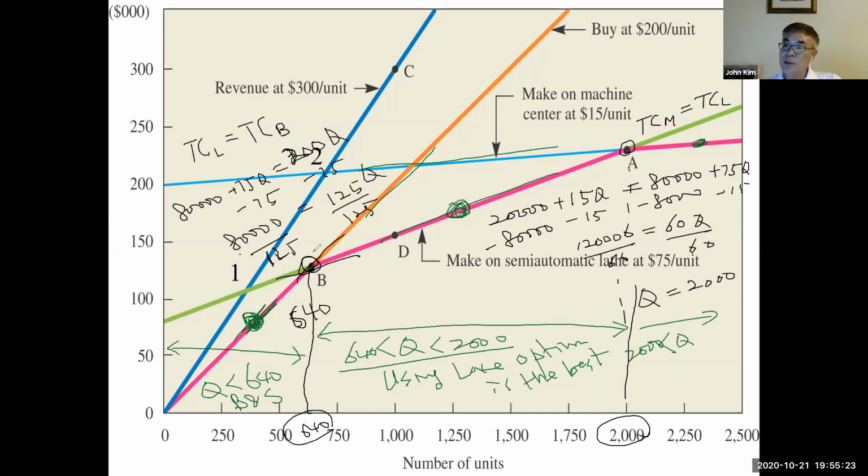So find the boundary, then based on forecasting demand, the company can choose the optimal or proper option.